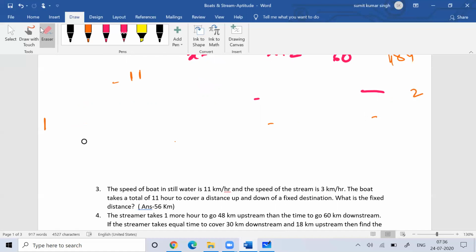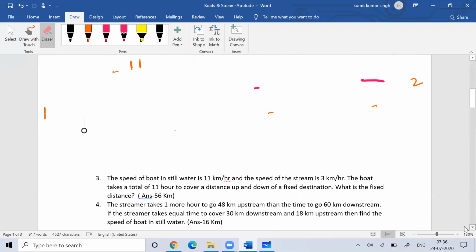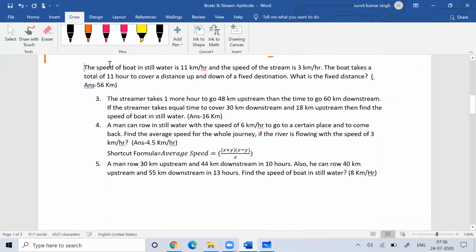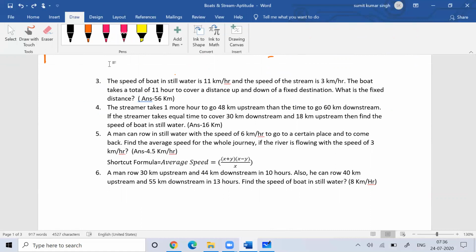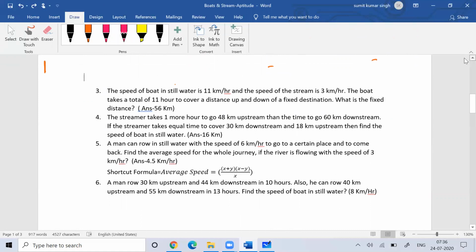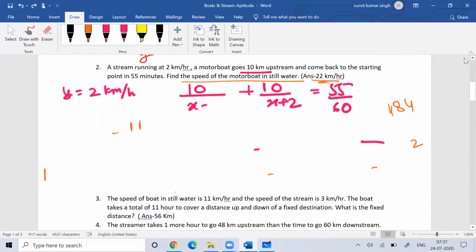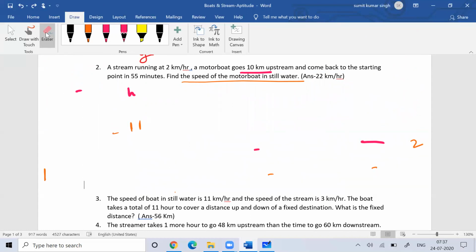So I believe you have understood what we did till now. Going further, if I see this question number three, everyone please read the question. At any moment, if you want to pause the video, you can pause it and try solving this question from your end.